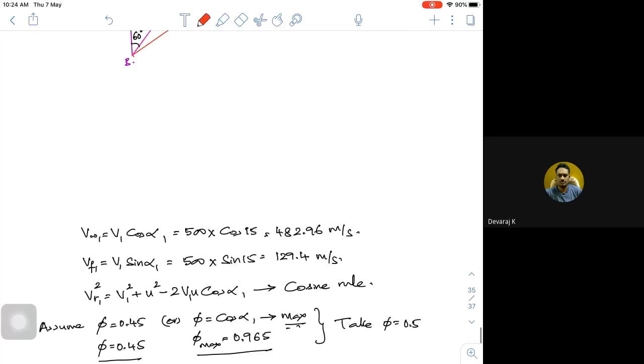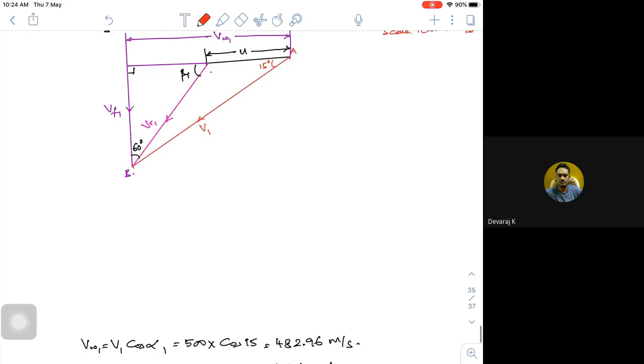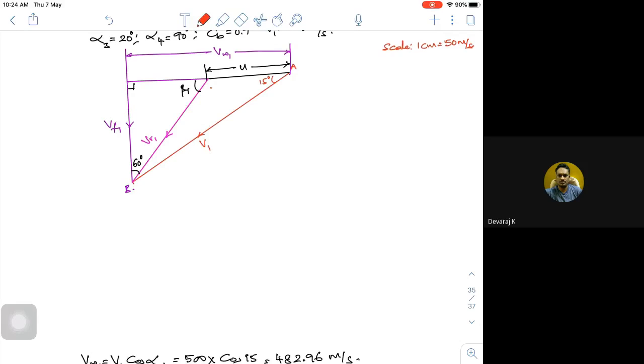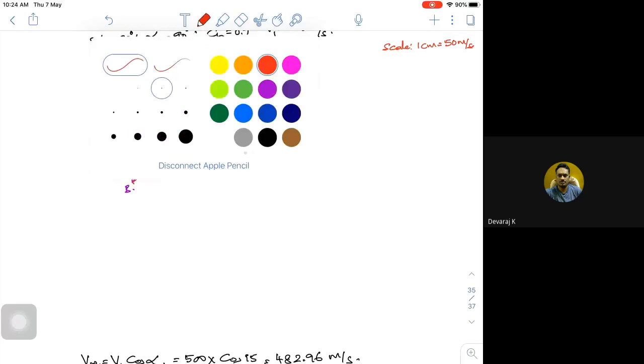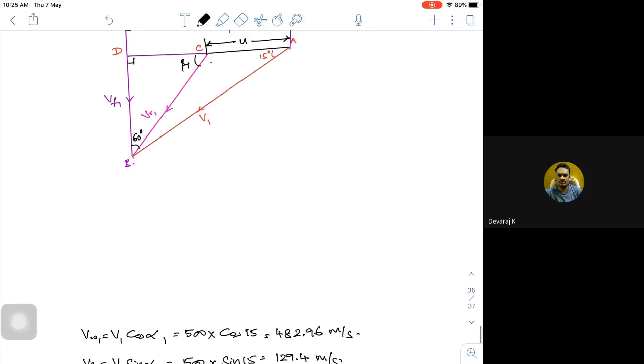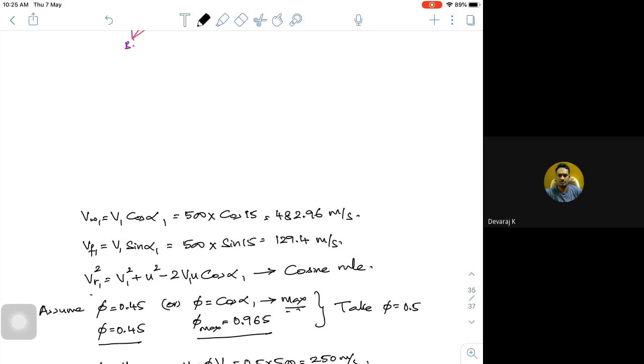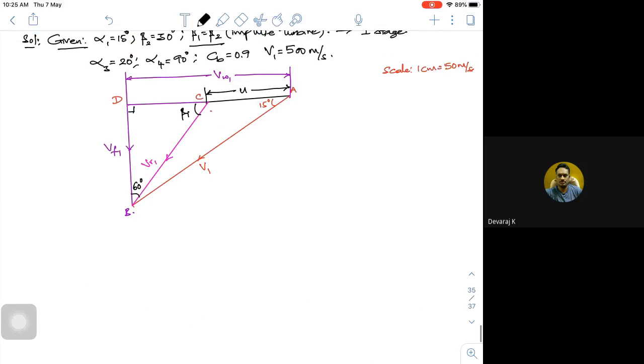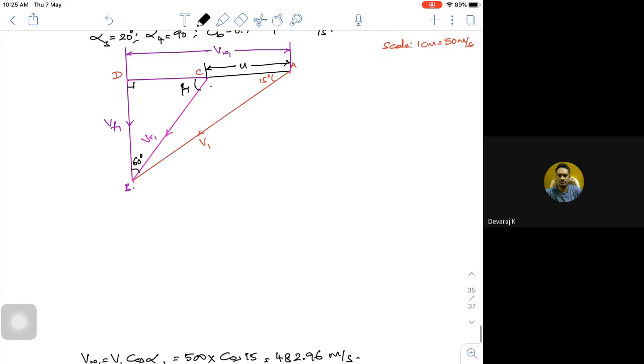Either measure this, if I call this AB, this C, this D, measure BC and multiply by 50 meters per second, you will get your VR1, or use the cosine rule and get the value of VR1. Both should be the same, if your assumption of U somewhere has to converge.